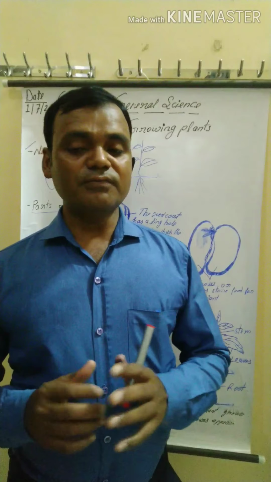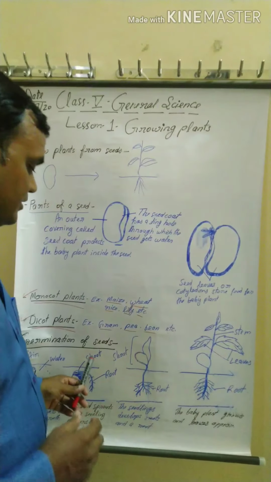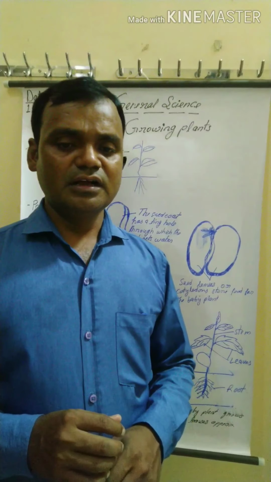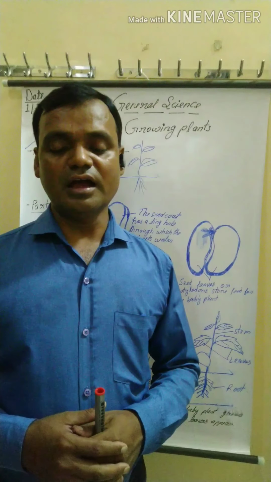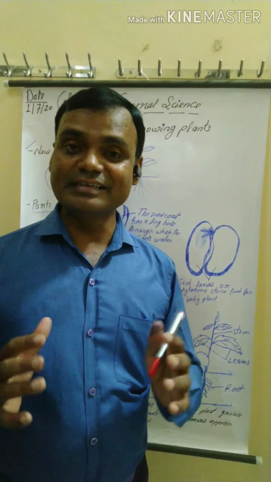The change of a seed into a seedling is called germination. During germination, the seed absorbs water and the cells of the embryo start dividing.